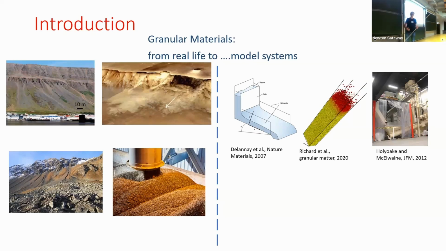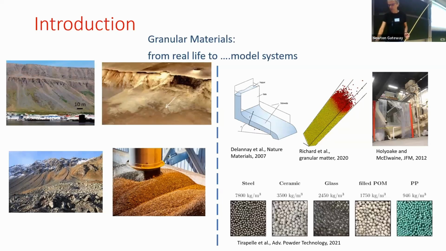And of course, to avoid the complexity of the grain shapes and often of the grain size, you also use very simple grains, different spheres. Of course, you can change the material used for the sphere, but you often use isotropic grains.